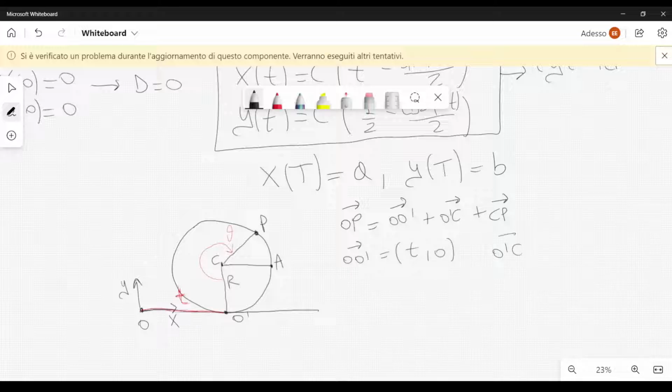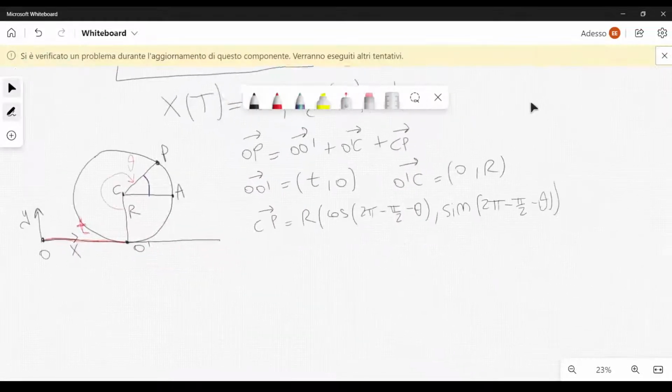O prime C will be equal to (0, R), whereas CP is given by (R times the cosine of this angle here, which is 2 pi minus pi over 2 minus theta, and R times the sine of the same angle, 2 pi minus pi over 2 minus theta), like this.